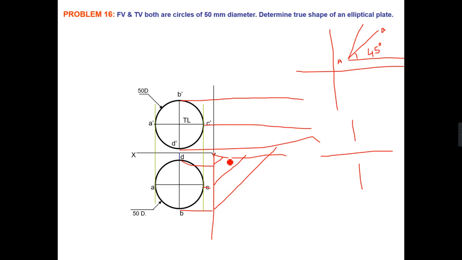Okay. So this is your point D, so this will be D, this is your A and C, and this is your A and C. So your points A and C will be somewhere here, your point B is here. So like this you will get a straight line, right?